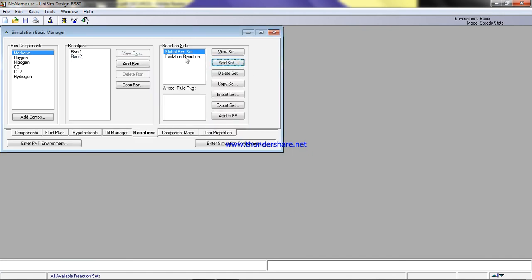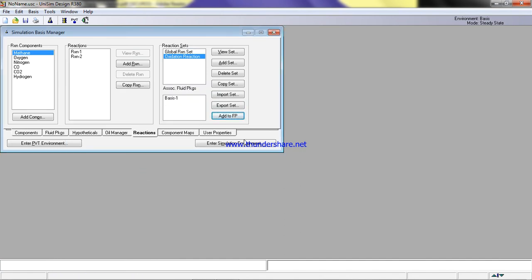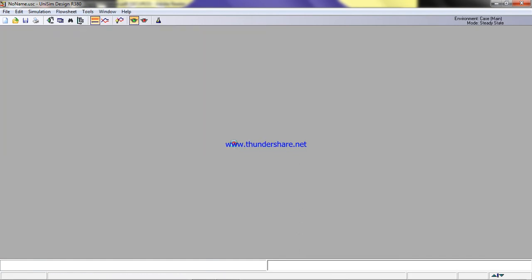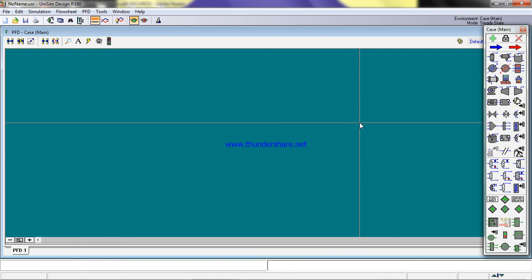Having closed that, you now add it to the fluid package. Add what you have done to the fluid package, so that by the time you enter simulation environment, you can see it to make use of. You say add to fluid package, add reaction set. Then I think we are done. You go to enter simulation environment. So this is the environment that you do your connection. I was tempted to say wiring.